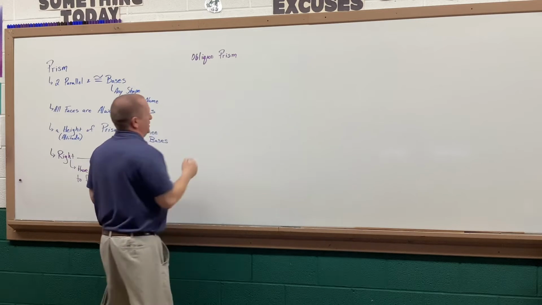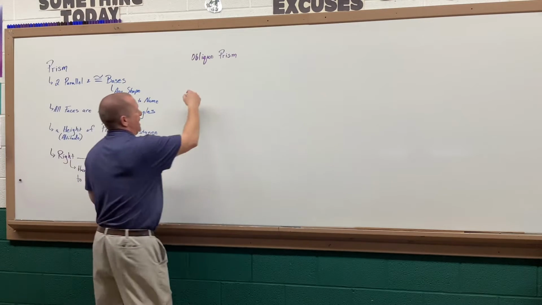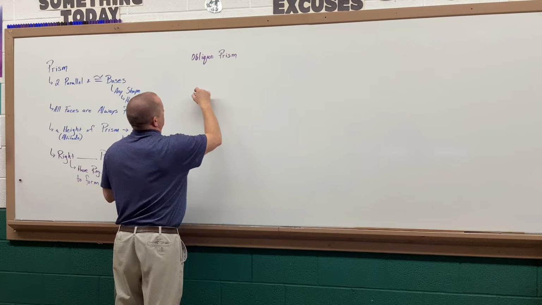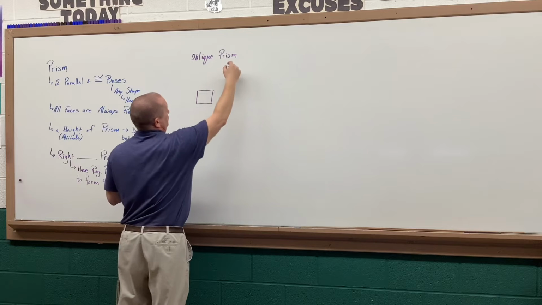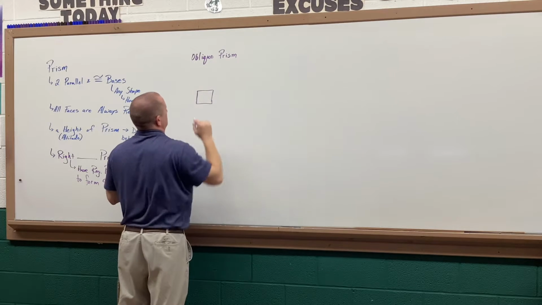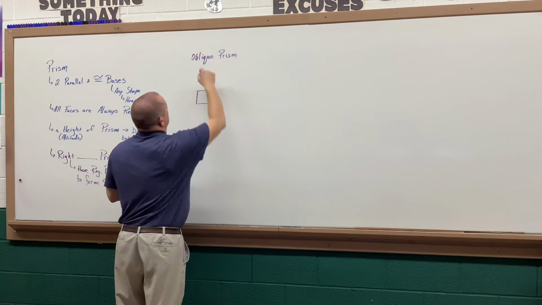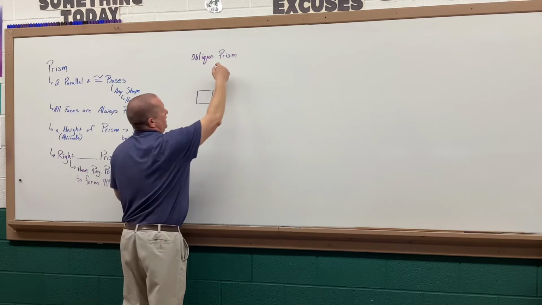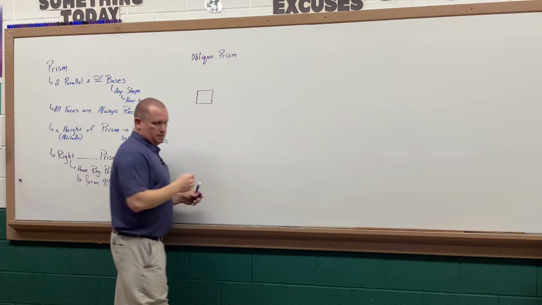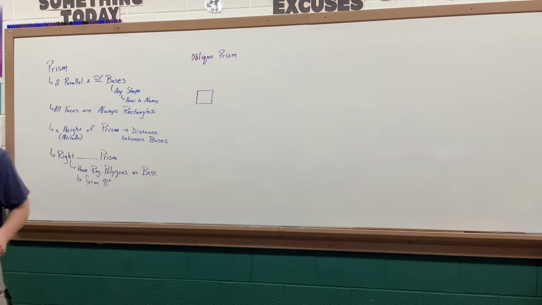So remember how we drew it previously where we had our prism? Well, my prism for this would be something like this. If I had a square here, so it could still be a right angle. I can't draw what's in the book. How am I going to draw that? It's not really simple.